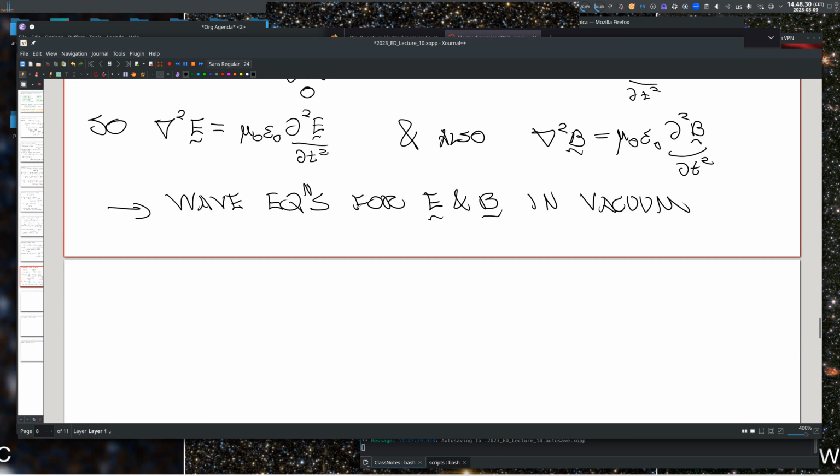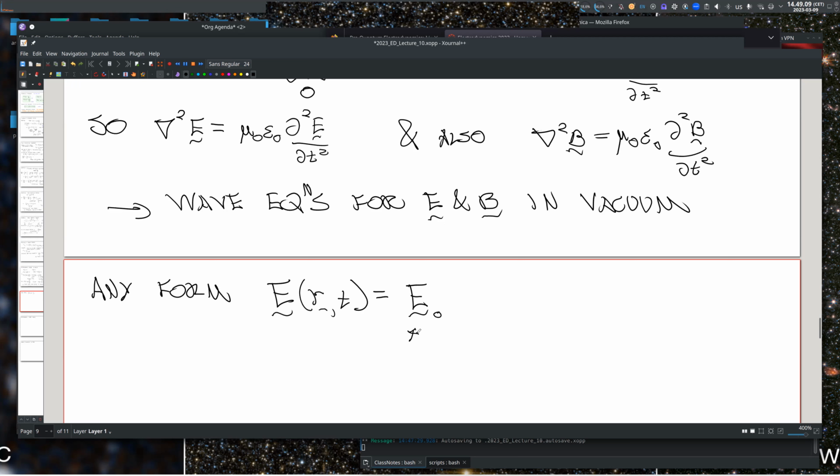So maybe we can do some examples to be clear, and then we'll make a statement about the general form that solutions can take, right? So yeah, maybe quickly, any form, let's write it like this: E of r and t is equal to some constant vector.